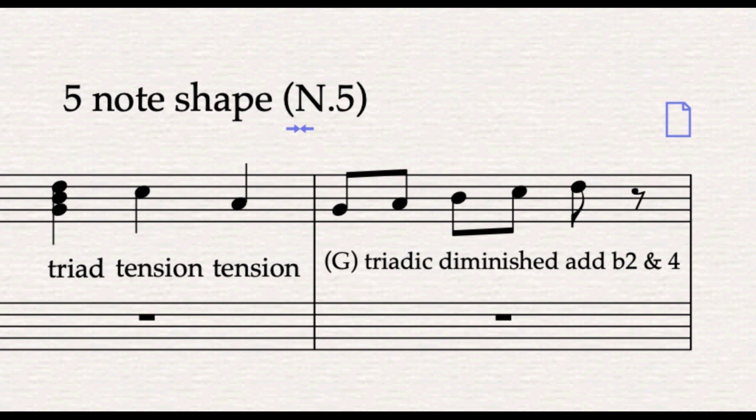This is what I call a G triadic diminished shape, which features a diminished triad, the G diminished triad, with the addition of 2 tensions, as usual, which are the flat 2 and the perfect 4th, to the tonic of the triad, the note G, respectively the A flat and the C natural.